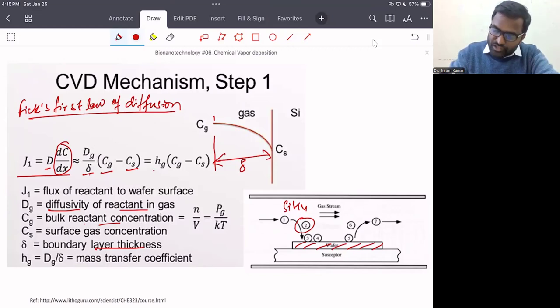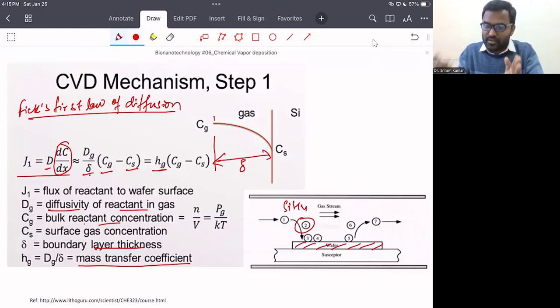So Hg is equal to Dg by delta, and that is called the mass transfer coefficient. So the flux is equal to Hg, the mass transfer coefficient, times the concentration in the bulk minus the concentration at the surface. Based on that, we define the flux coming to the surface.